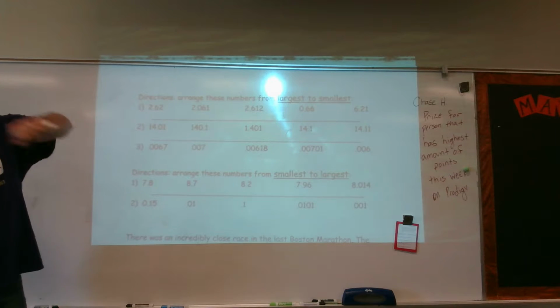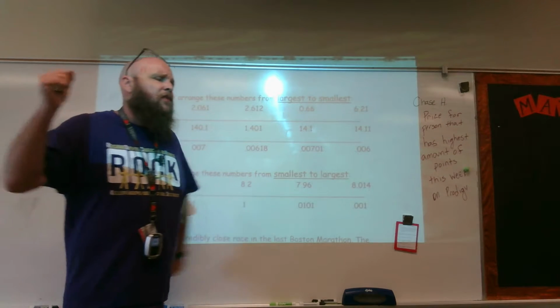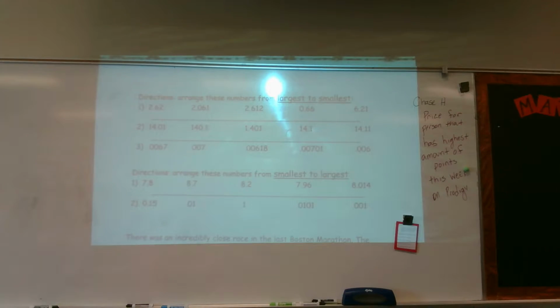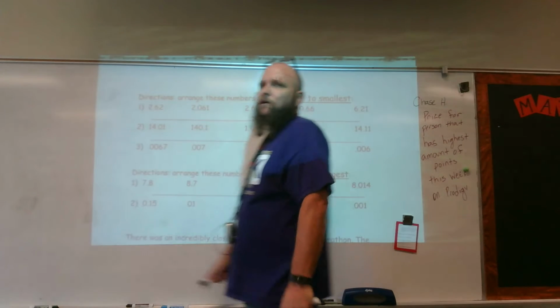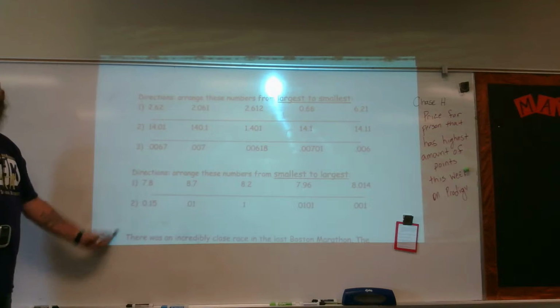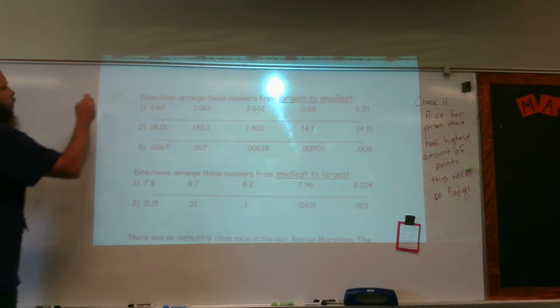All right, so it says on your paper that when you are ordering decimals, write them down vertically first. So I'm going to take all my numbers right here and write them down vertically.